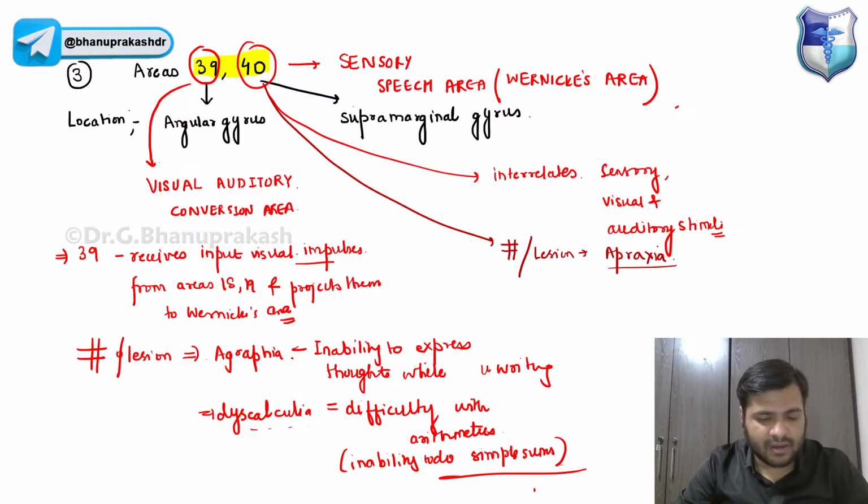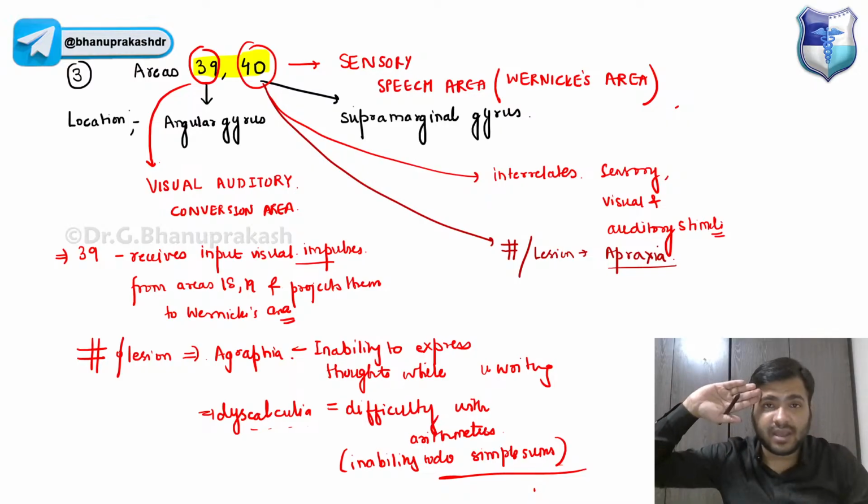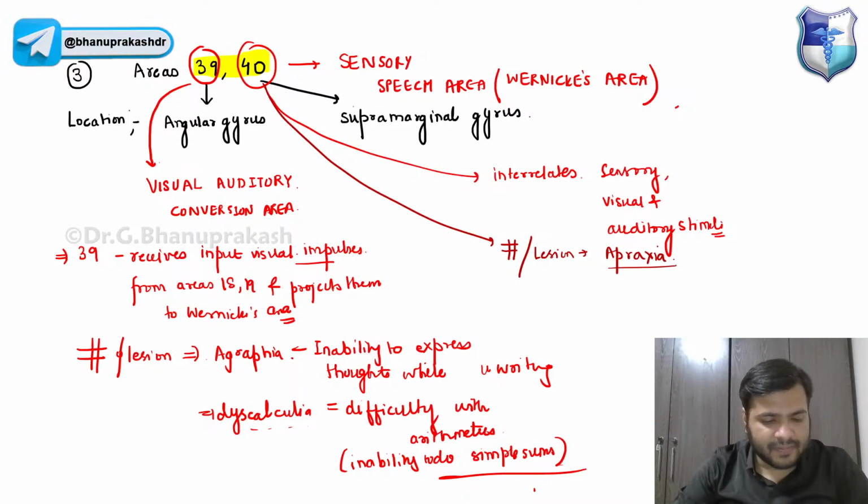For example, we have ideomotor apraxia: if you are not able to perform a simple complicated motor task like saluting. There can be ideational apraxia also, which is inability to use objects.